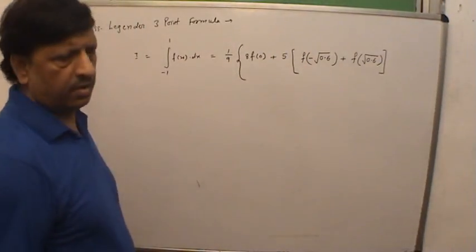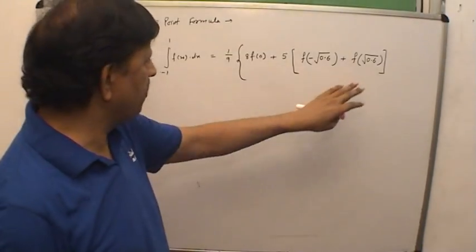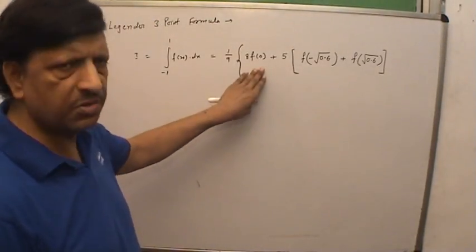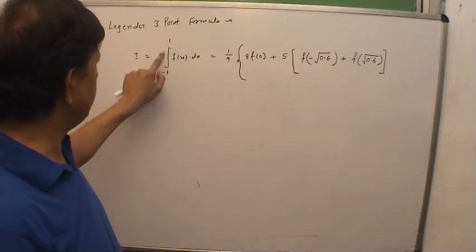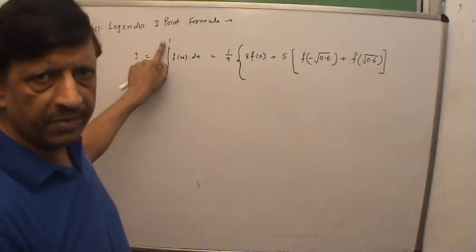You see, there was 1 by under root 3 and 1 by under root 3, and this term was missing in the 2-point formula, and limits are the same. It is the standard limits.